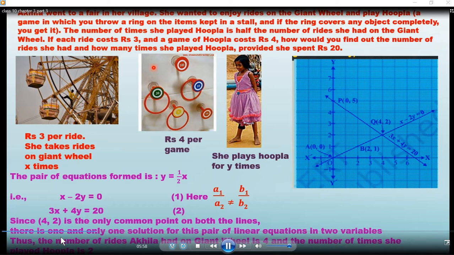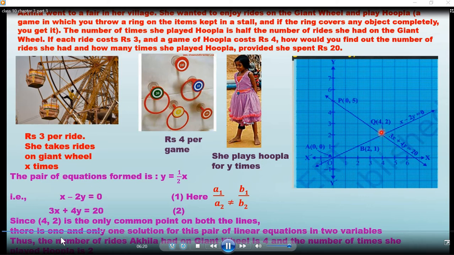What is the question? How many times she played hoopla? And how many times she sat on rides? As you know, rides is indicated by X or Y. Guess?